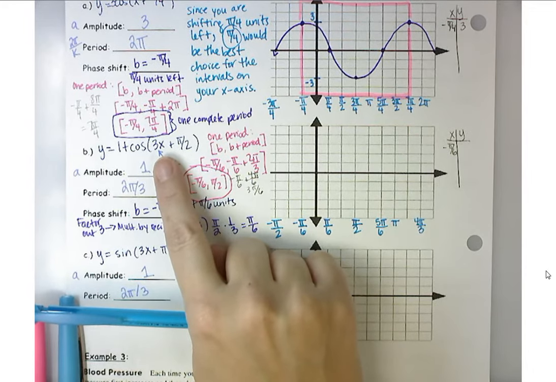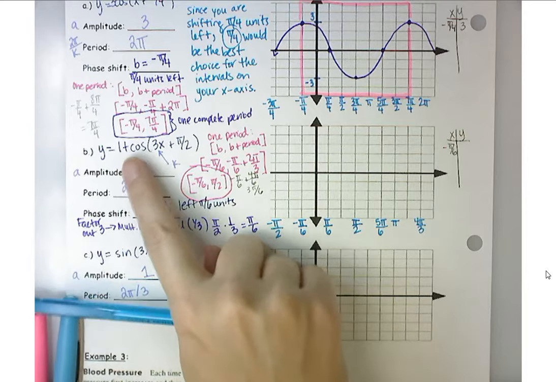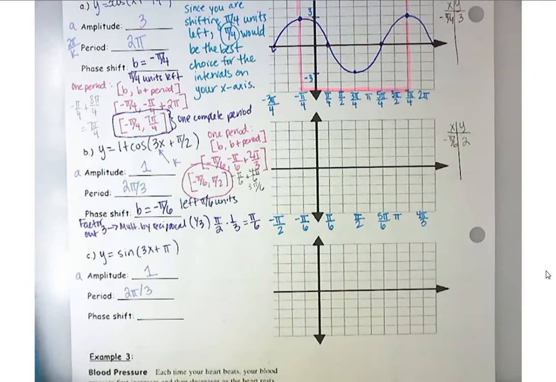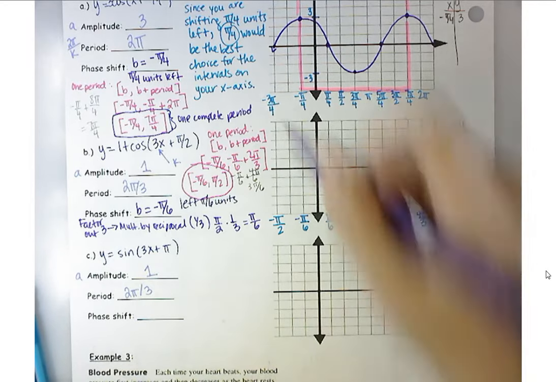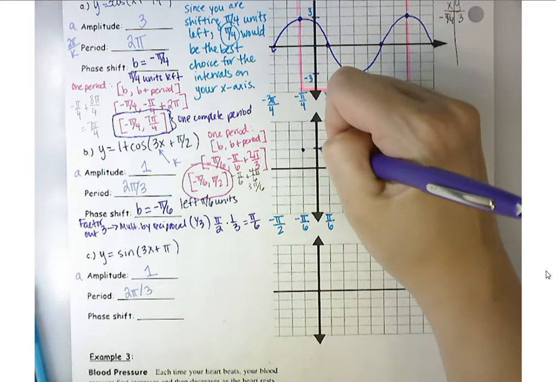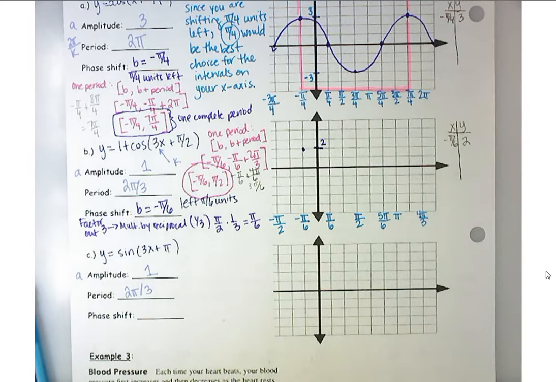So the cosine of 0 is 1. And then this is 1 plus 1, which would be 2. Okay, so at negative pi over 6, I'm at 2. So because that's my max, I'm just going to label that.